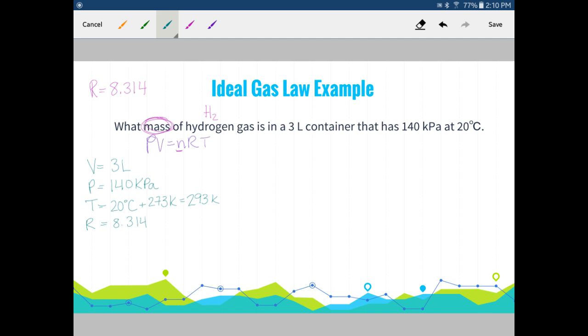So when we rearrange our formula to solve for moles, I'm going to divide by RT in order to get n by itself. So I would get n equals PV divided by RT. So when I plug my values in for this formula, I get my pressure of 140 kilopascals times my volume, which is 3 liters, divided by 8.314 times my temperature of 293 Kelvins.